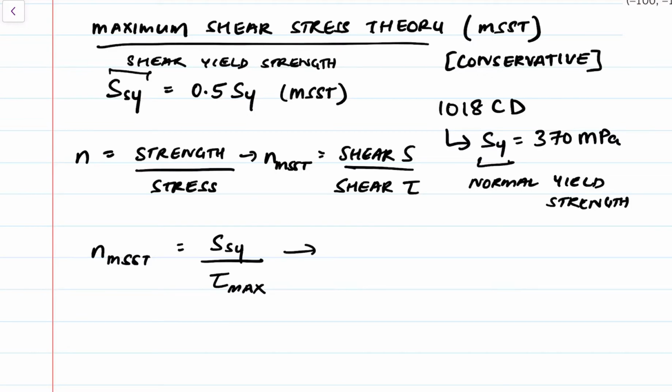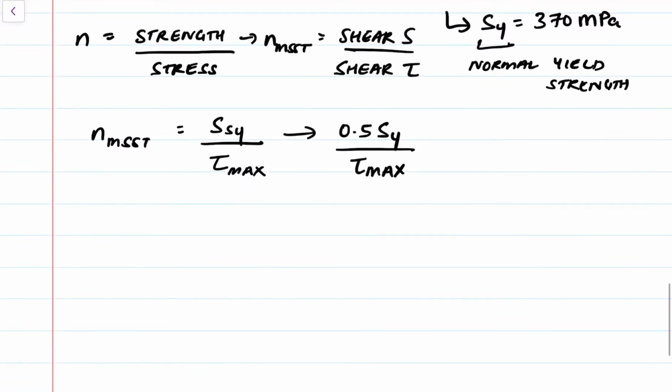And from this equation here, we know that that's actually 0.5 times the yield strength, which we can find at the back of the textbook, divided by tau max. So ultimately, this comes down to the safety factor is equal to the yield strength in the normal direction divided by 2 times tau max.